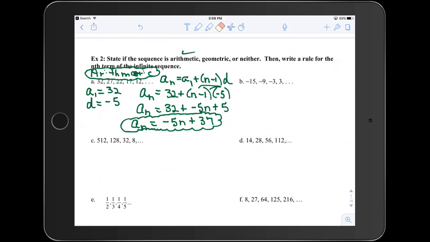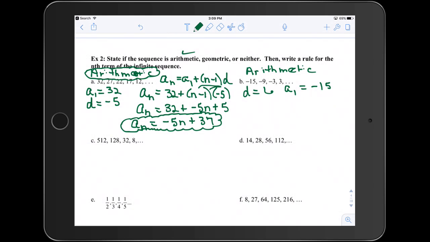So starting with letter B, notice that we're actually going up, we're adding or increasing our values. I kind of already told you it was arithmetic, which I probably shouldn't have done, but arithmetic. And the d value is, I don't know, we're adding, what, 6 each time it looks like? And I know my very first term, a sub 1 term, is the value negative 15.